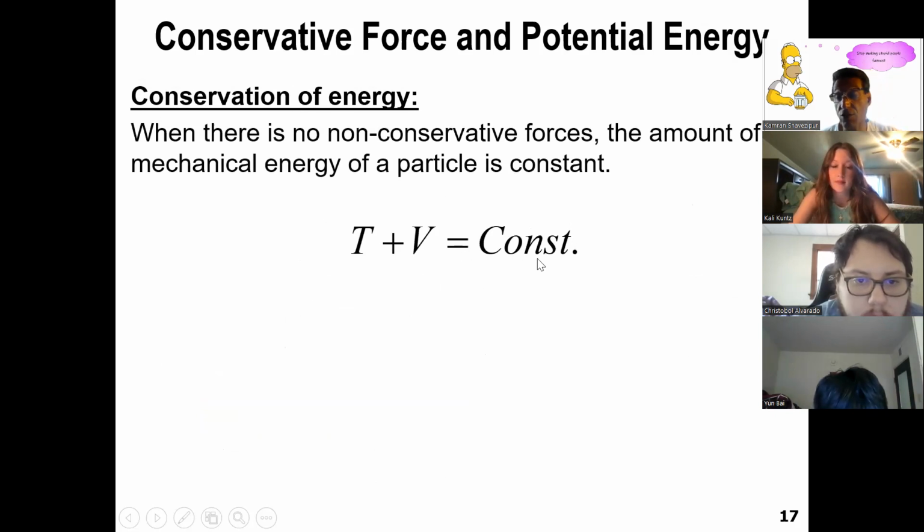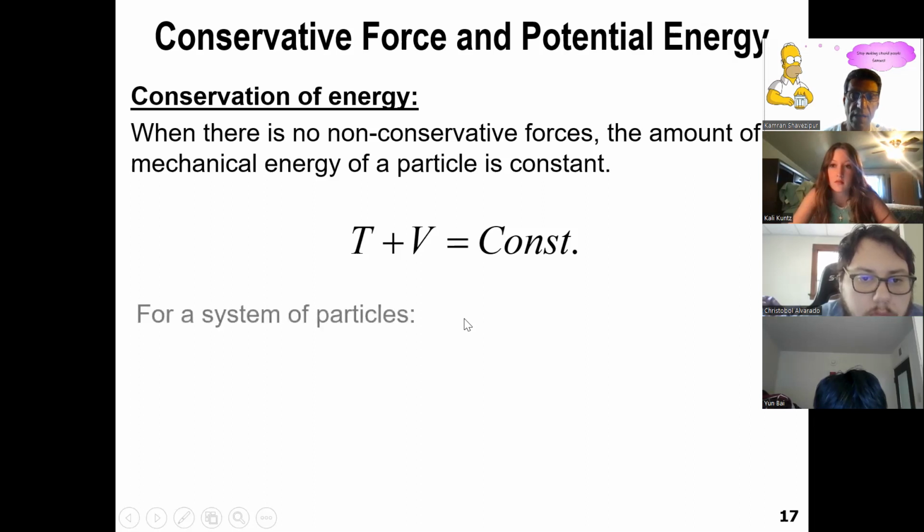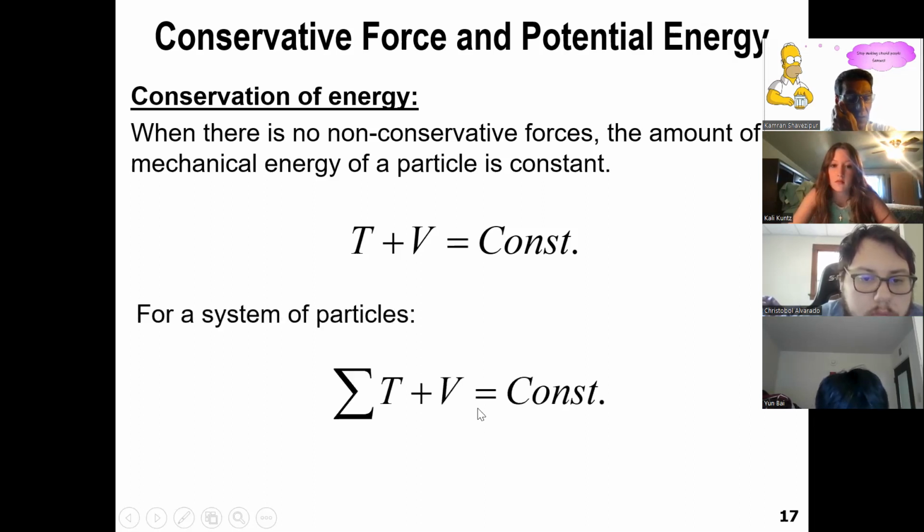That means there's no friction, no pushing or pulling. All you have is the springs, gravity, and the particle moving. And if you have a system of particles, you can add all the mechanical energy of the system before and after, so it is constant.